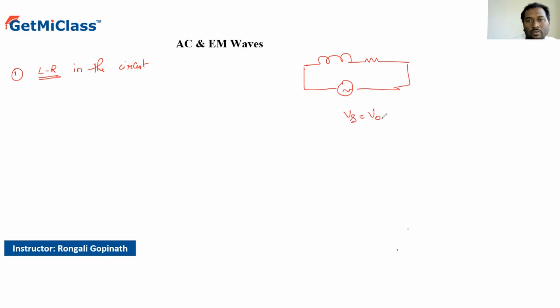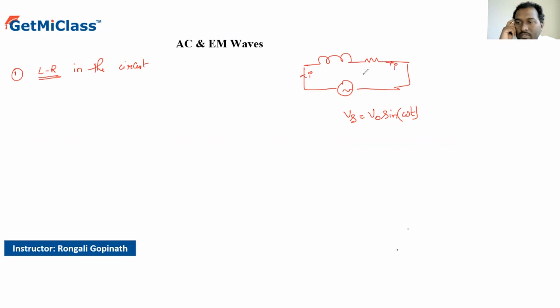Vs is equal to V naught sine of omega t. We have to understand one thing here. The current passing through the circuit will be the same for all the elements, because based on Kirchhoff's junction law, if 10 electrons are entering a circuit, the same 10 electrons should be coming out of the circuit at the same time. So I can say that the current passing through all of them is I.